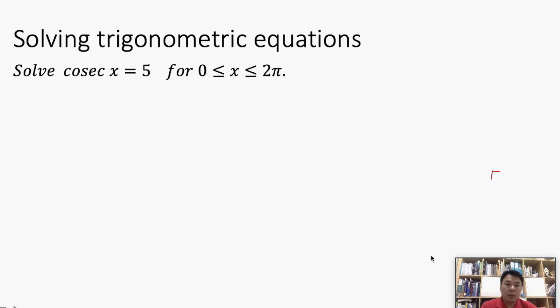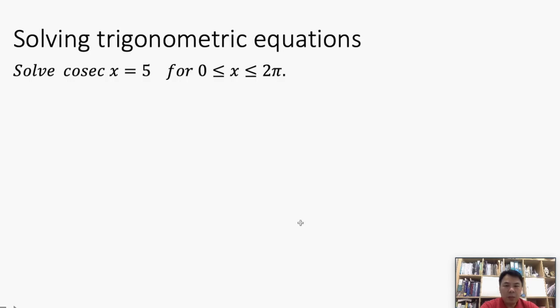The first usage of the trigonometric equations is that we can use them to solve some other types of trigonometric equations.